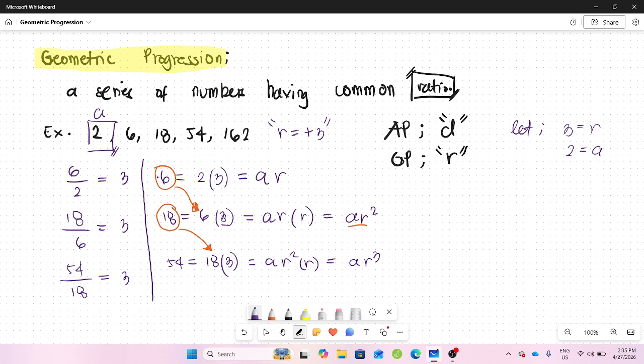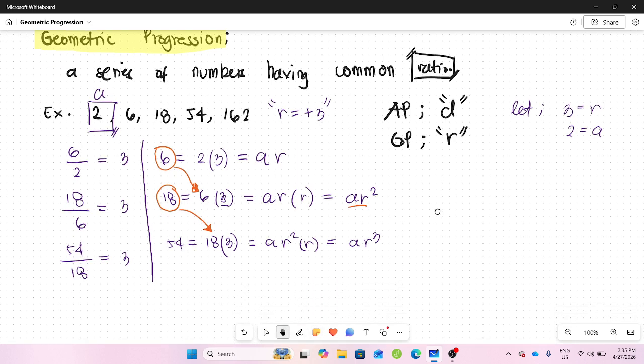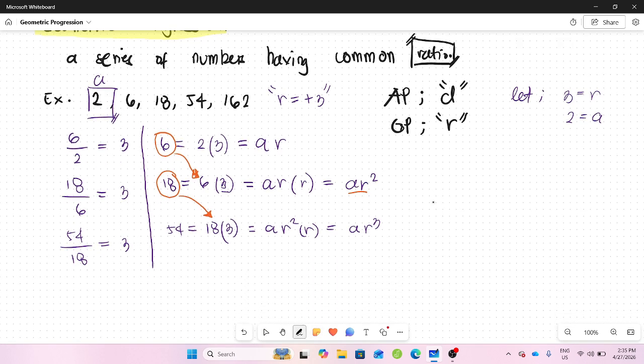Now notice that there is a pattern to how we get the next term. So in short, clearly you would see that 2 is the first term, then the second term, the third term, and then the fourth term. Let's just focus there.